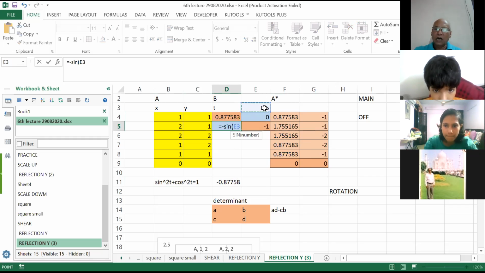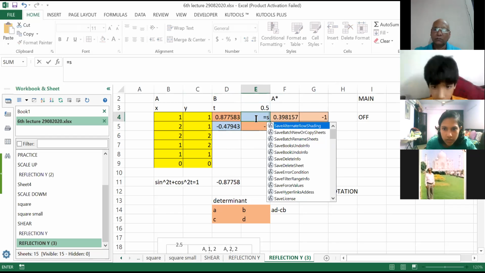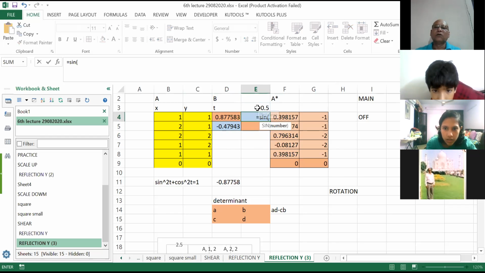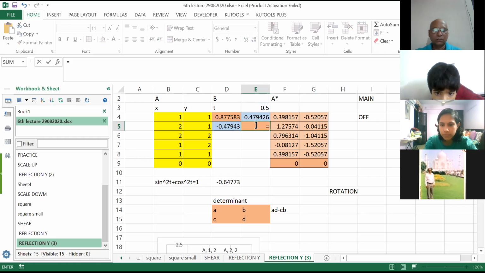And why I am writing these things, I will also explain that. Here I am putting all the sin and cos. Here it will be cos 0.5.